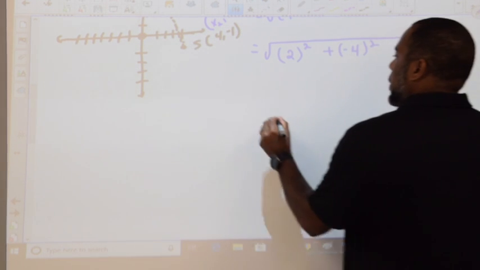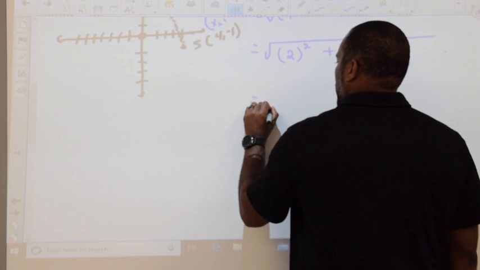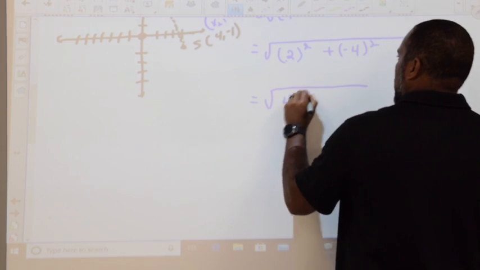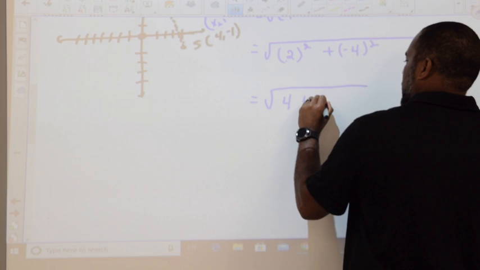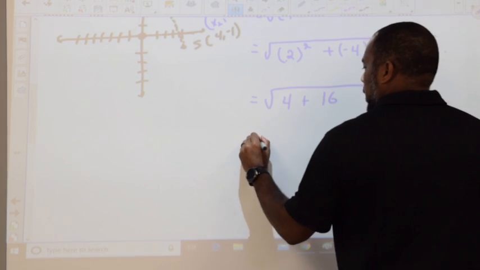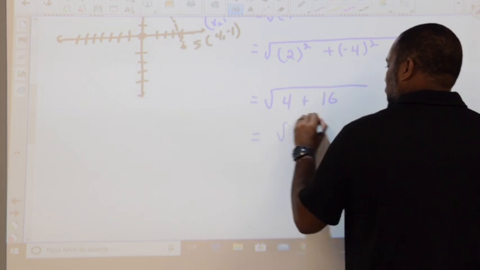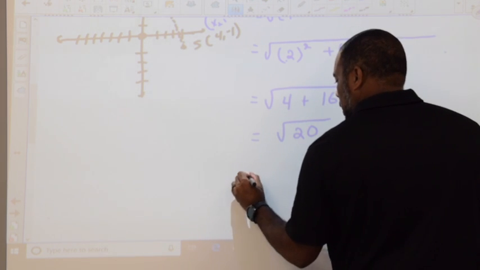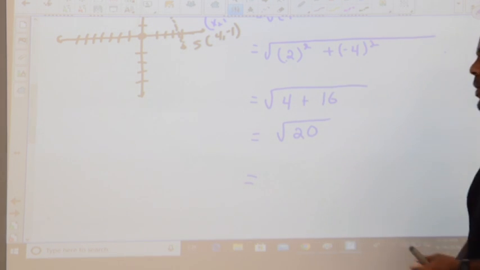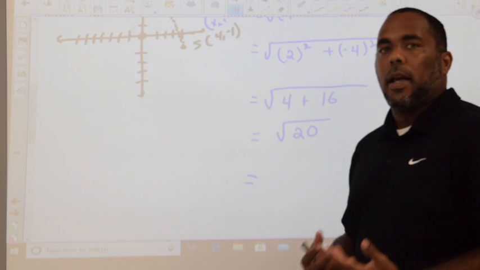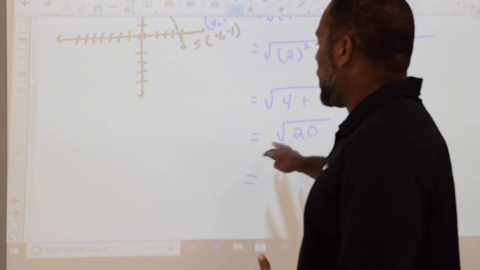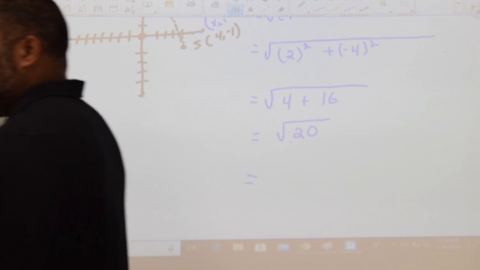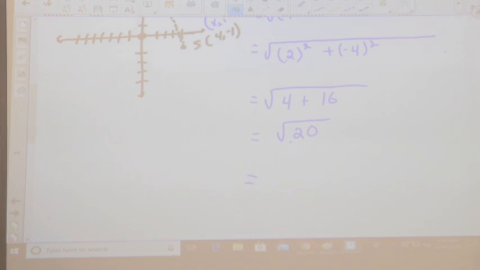And now you're going to be left with the square root of 2 squared is 4 plus negative 4 squared is 16. That gives us the square root of 20. That is equal to, well, here it does want an estimate. So at this point, I'm going to put this into my calculator. Pull out your handy dandy calculator.